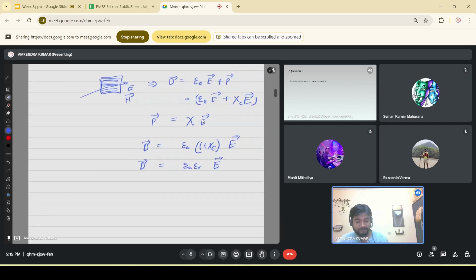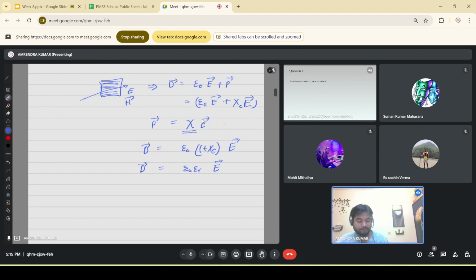So you can see that P is now linearly proportional to E, and the proportionality constant is given as chi.